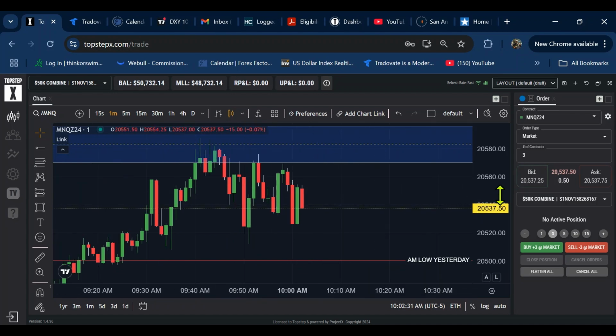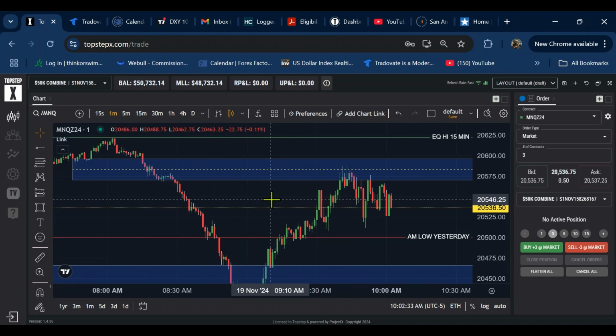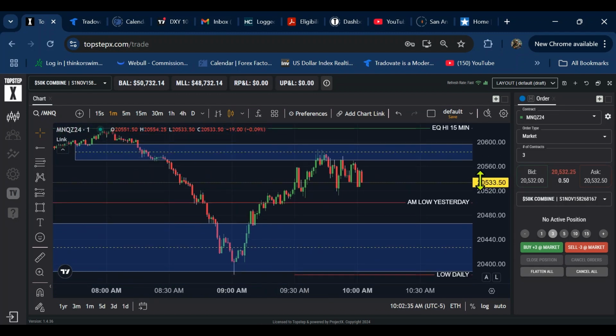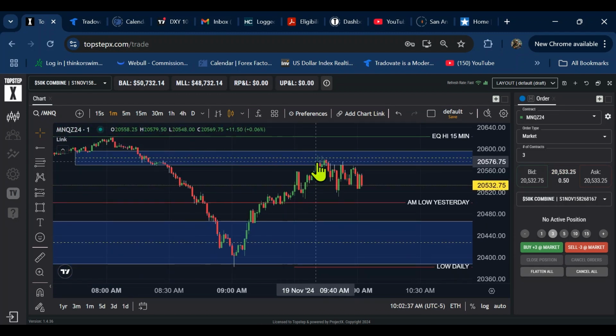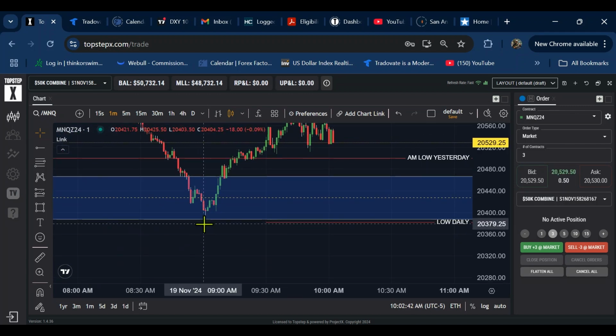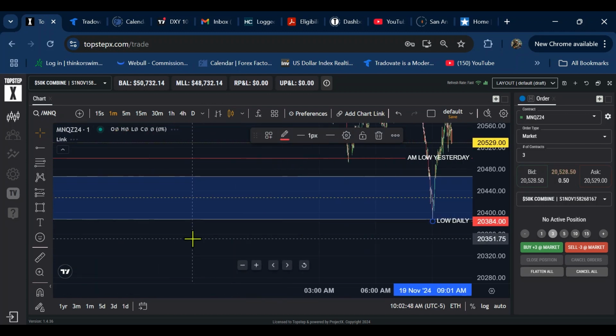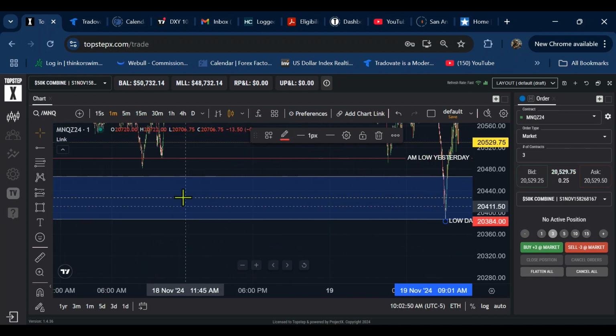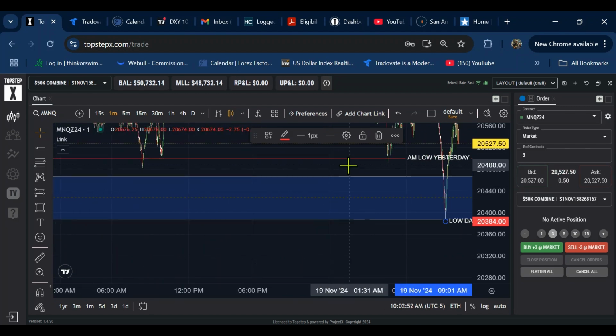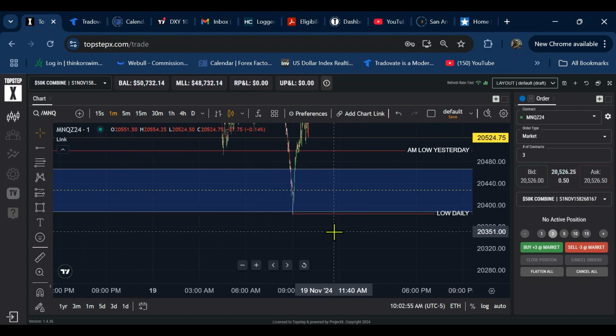But right now, I would be respecting the fact that I have a 15-minute fair value gap, and it's been respected there. I have a low that was taken out earlier today. And you can see it, the AM low, it was taken out with this one.